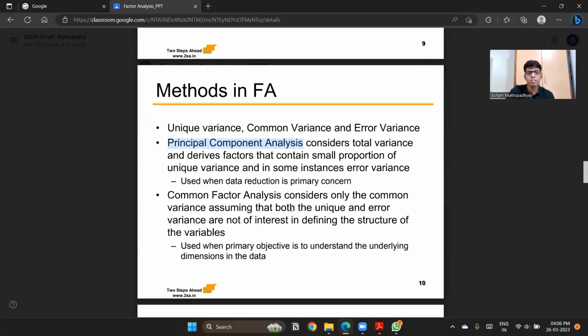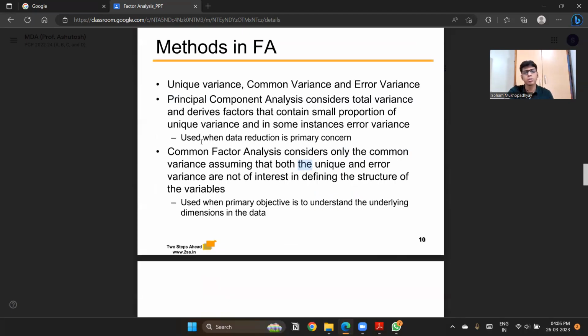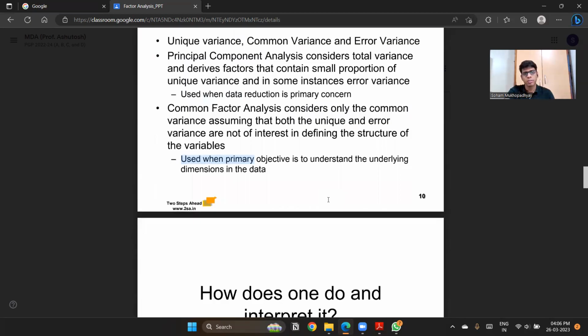But common factor analysis only considers the common variance, assuming that both unique and error variance are not being taken into account. The use case is also given if it comes in the question. You can write: used when data reduction is the primary concern, and this is used when you have to understand the underlying dimensions.